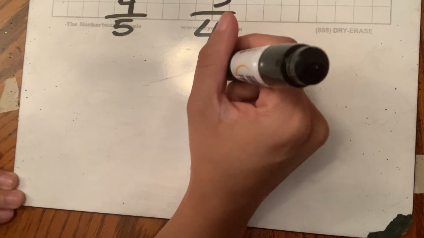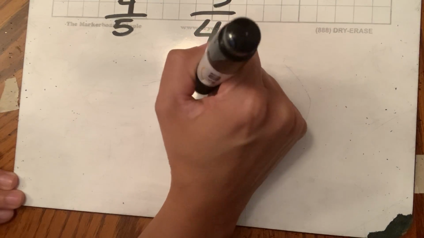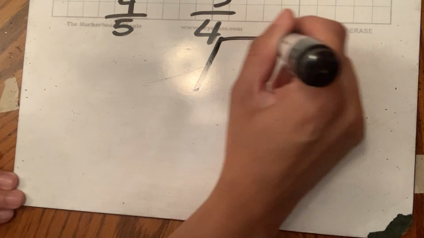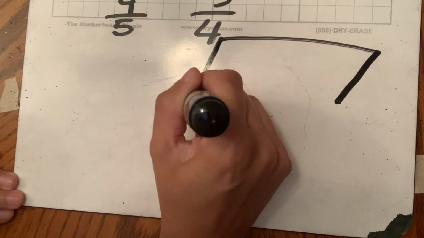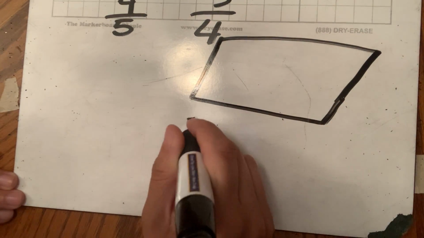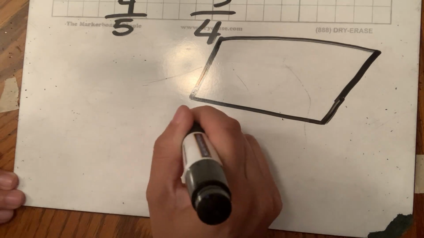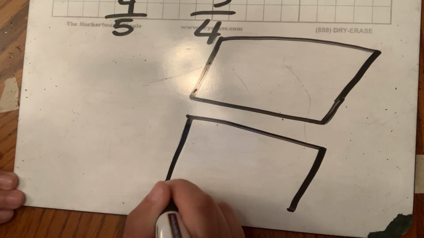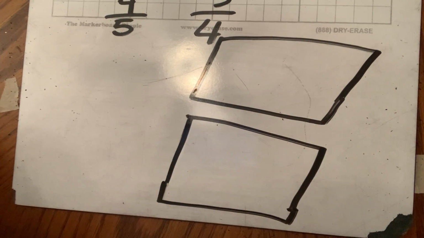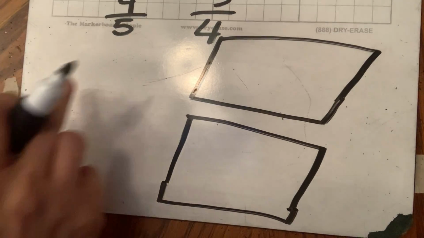So I can go ahead and draw my 2 area models. And I'll try to do them the same size. And looks like we're going to start with 4/5.